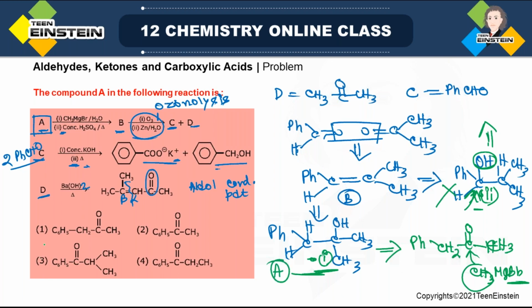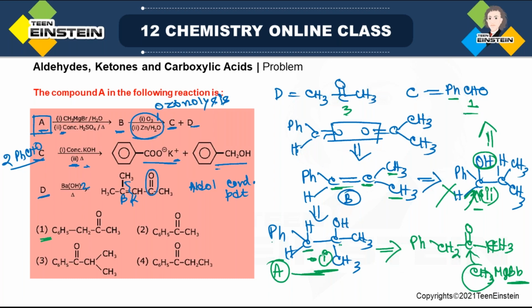So if it is true, that means this is the correct option, PhCH2COCH3, right? And you can also count the number of carbons. In D, there are a total of 3 carbons. Here we have, except the Ph ring, only 1 carbon. That means in the alkene also 3 plus 1, total 4 carbons must be there except the Ph ring. So that is also present here.